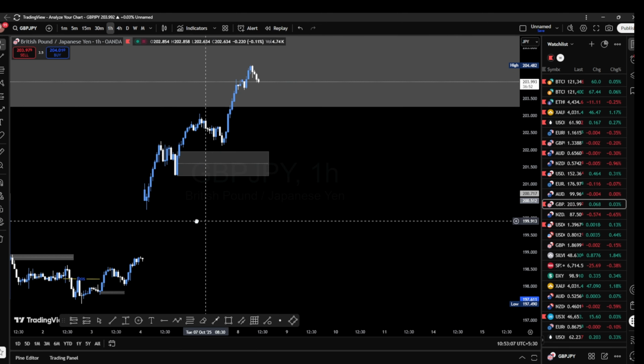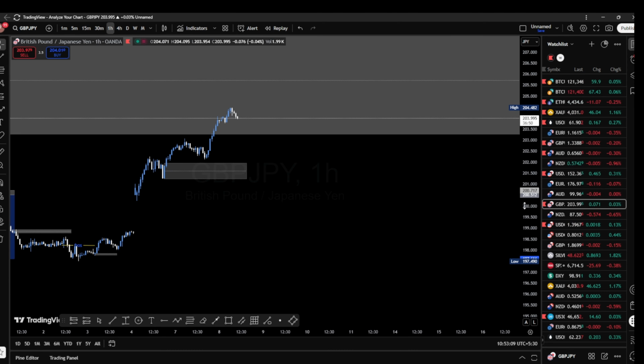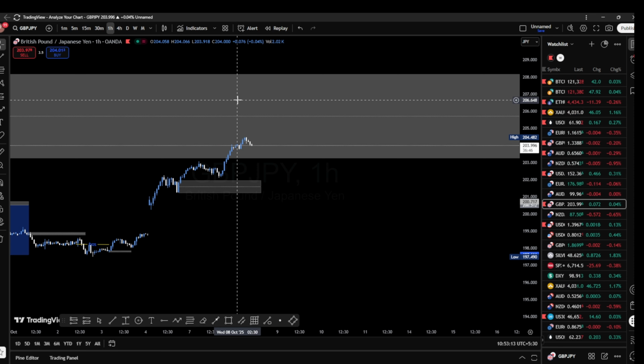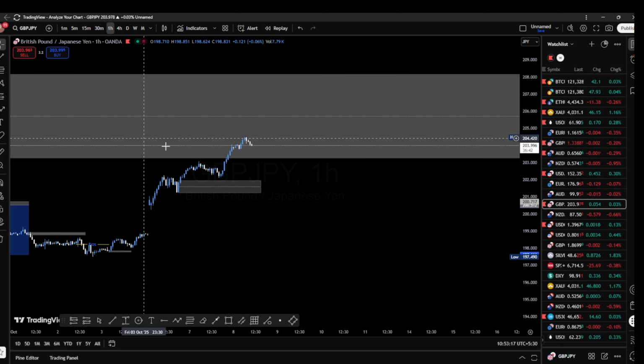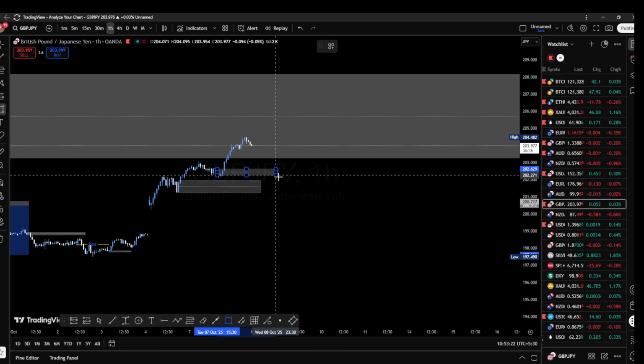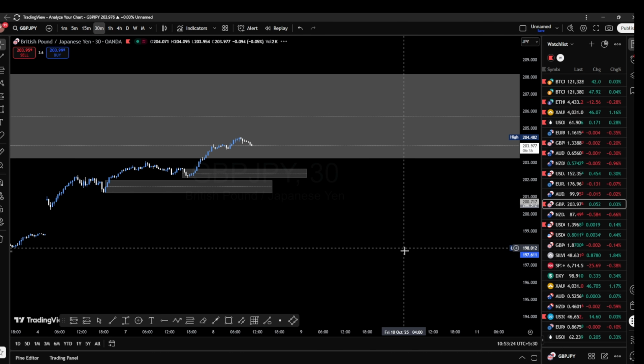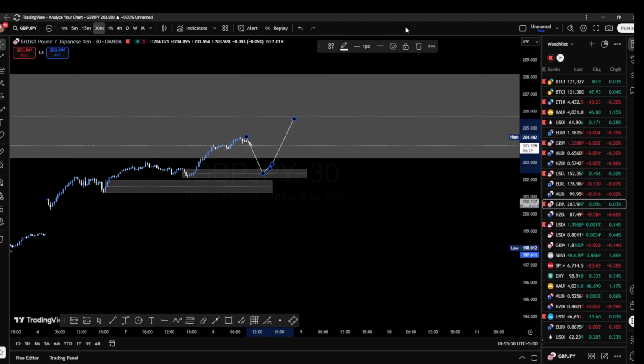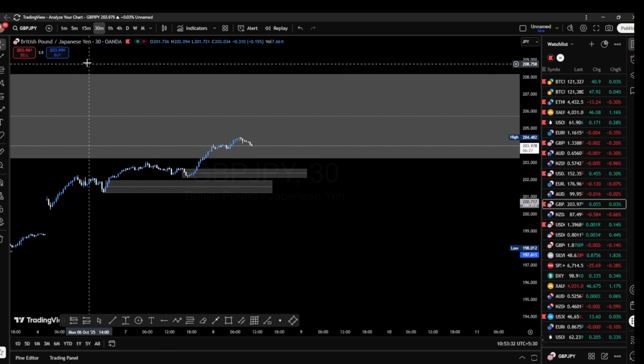ZZ traders, be careful, your opportunities are coming. That's for ZZ. And if you see any opportunity for upside, like this is a demand zone, you have to be careful and do double confirmation. Like if it comes here, wait for confirmation. Without confirmation, don't enter any trades. This is for ZZ.